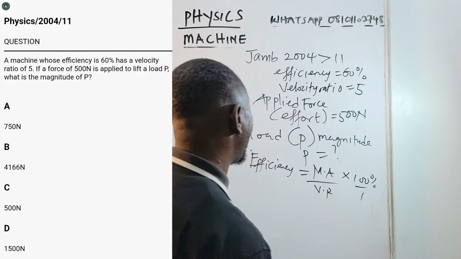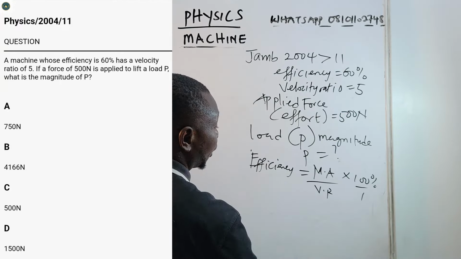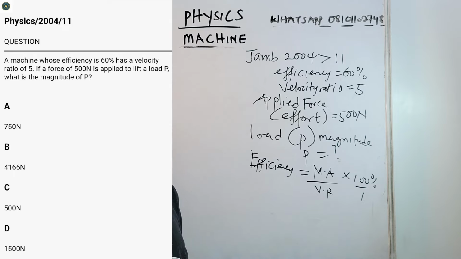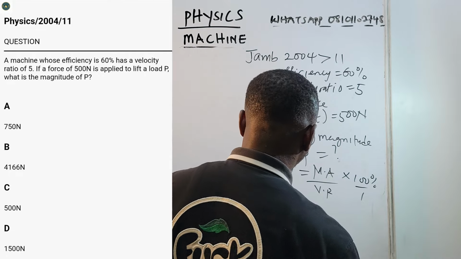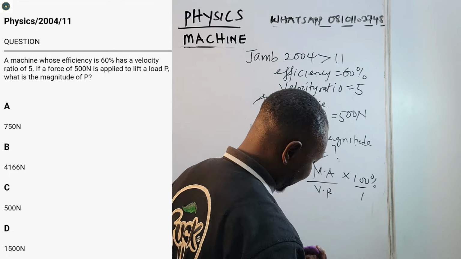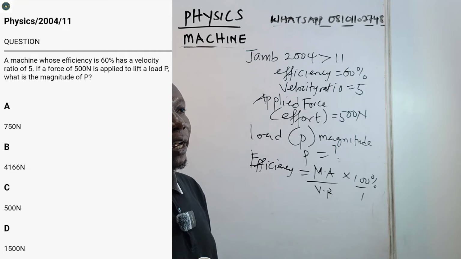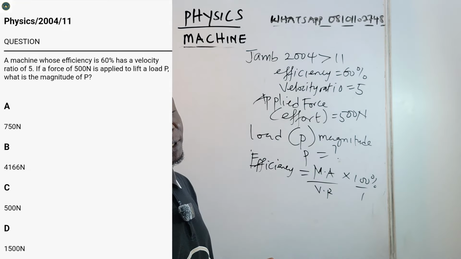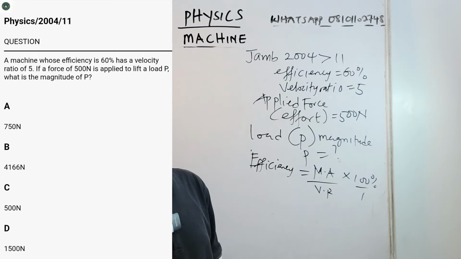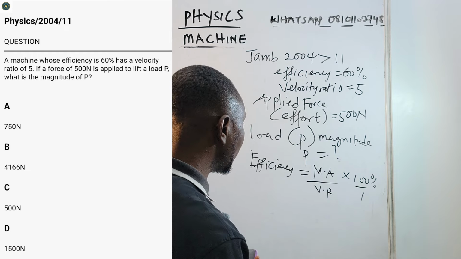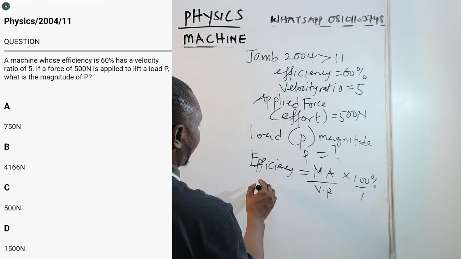Because of that wear and tear, the efficiency reduces from 100%. So the efficiency is 60%. That means the useful energy converted to work is 60%, while 40% undergoes losses.